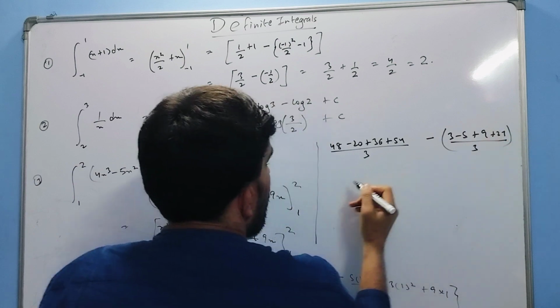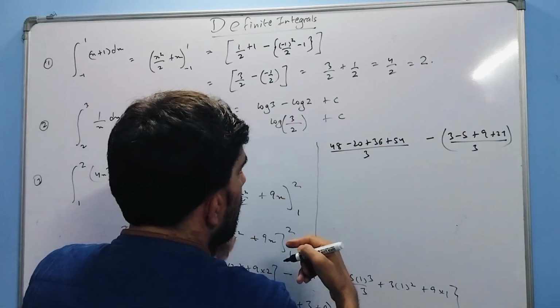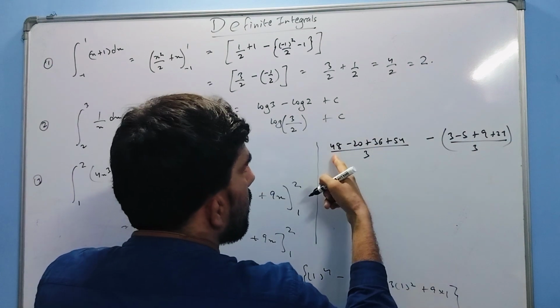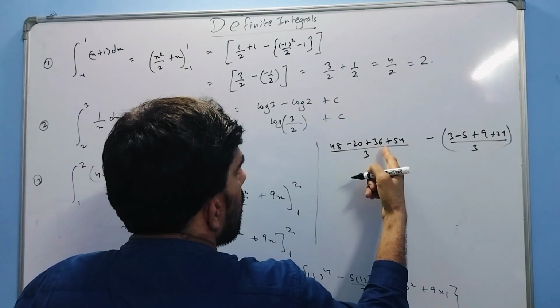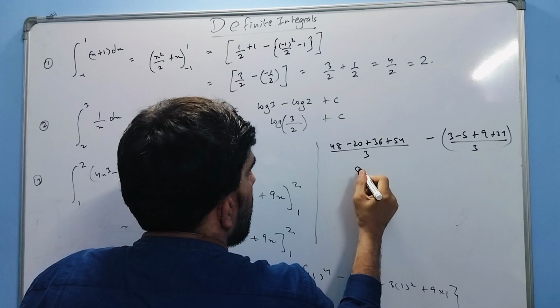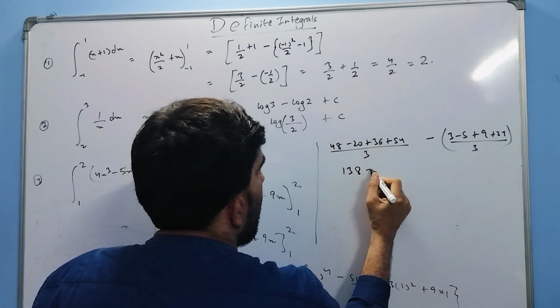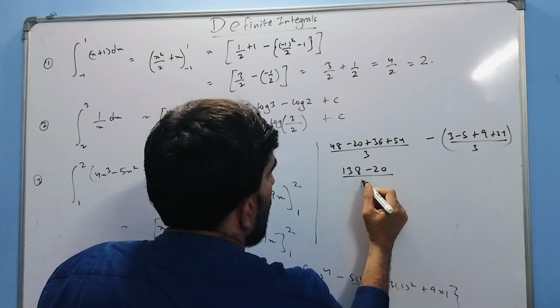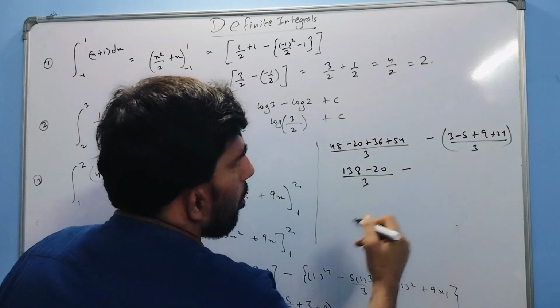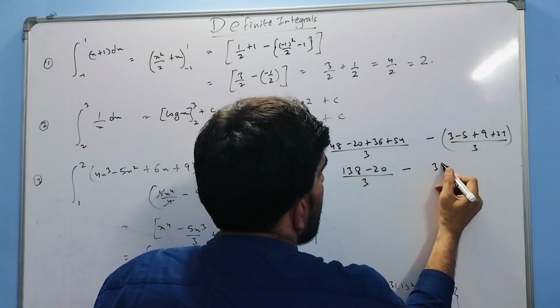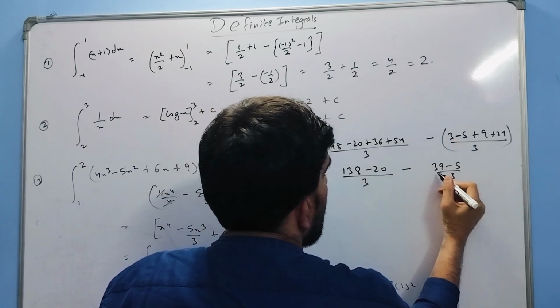We will open the bracket later. Now let us try to solve this. So I got 48 plus, if I add these, 38 minus 20 upon 3 minus, here I got 9 minus 5 upon 3.